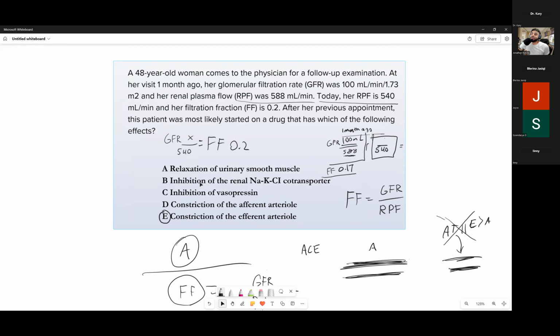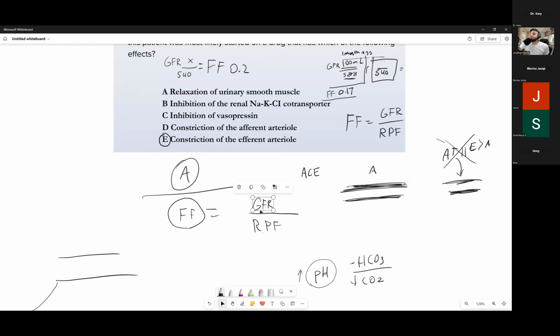Potentially, I'll tell you why that can be a little bit tricky if they really want to be evil. Because remember, this can have two different types of situations. You can have the decrease of RPF, let's say, and the increase of GFR.